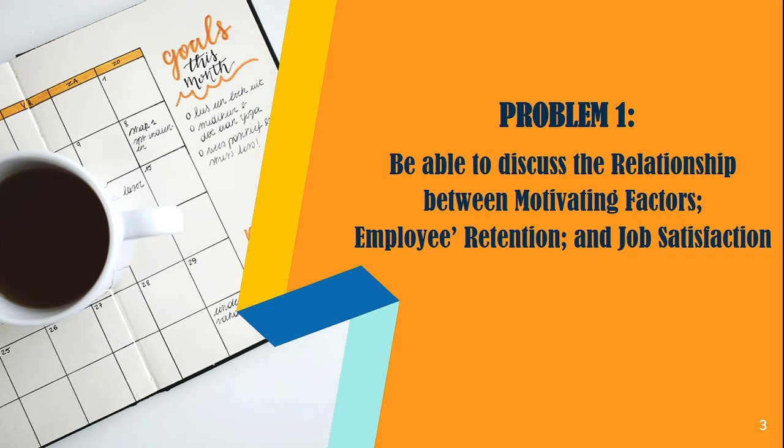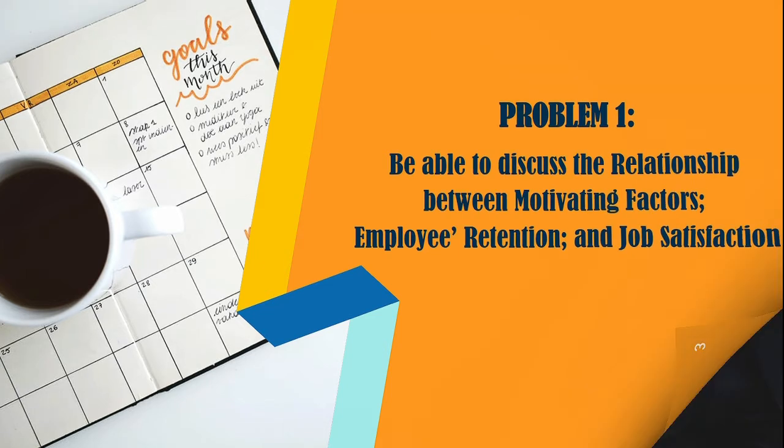In employee retention, it's better if they have an overall strategy to satisfy their employees. And last, for job satisfaction, the company should satisfy their employees because satisfied employees lead to company or organizational goals.